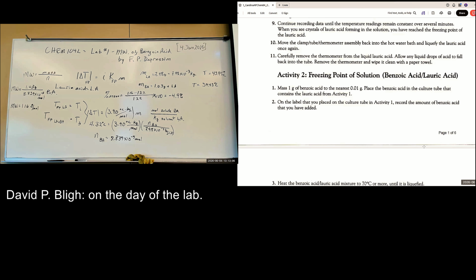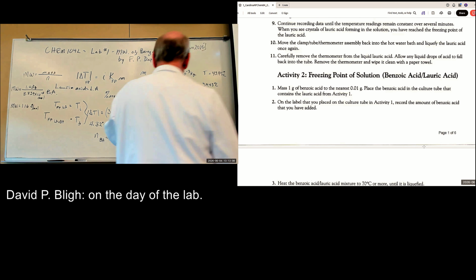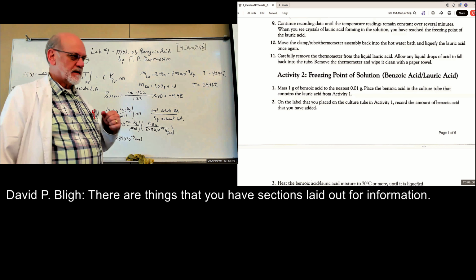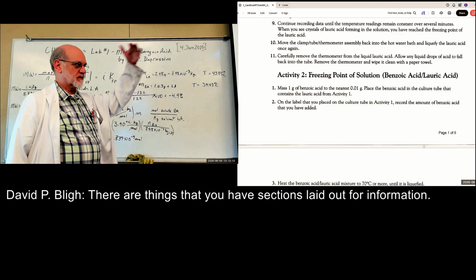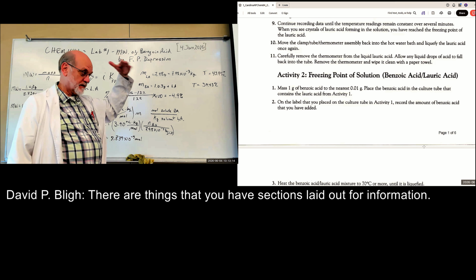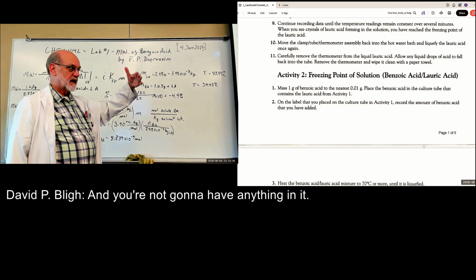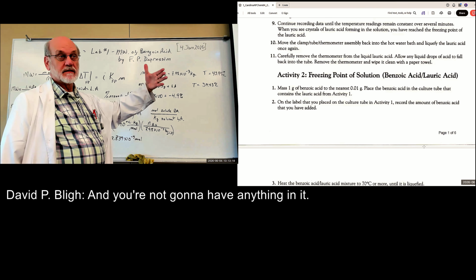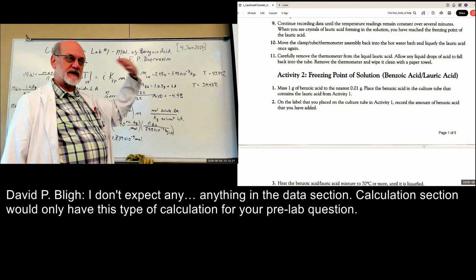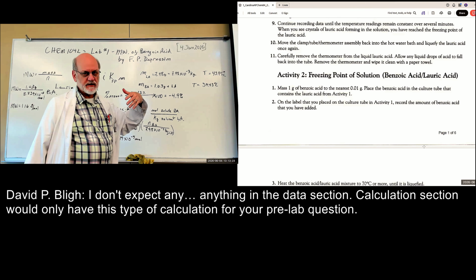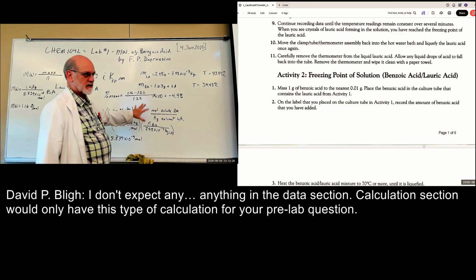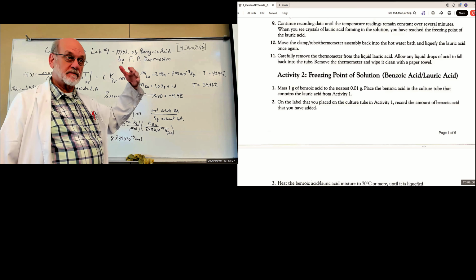Now, on the day of the lab, there are things that you have a section line laid out for information, and you're not going to have anything in it. I don't expect anything in the data section. The calculation section would only have this type of calculation for your pre-lab question.